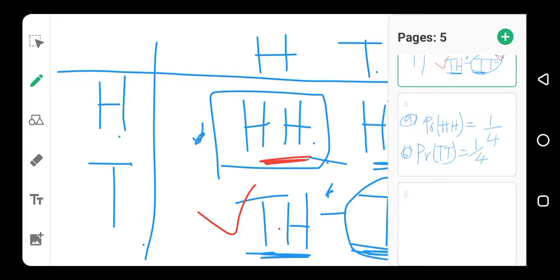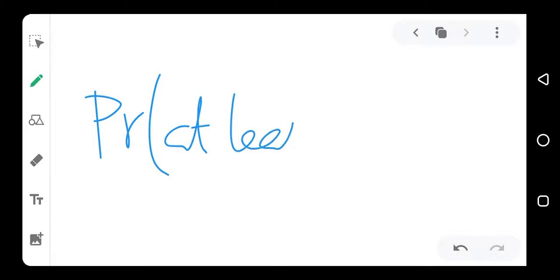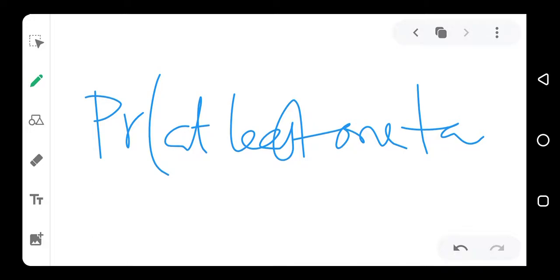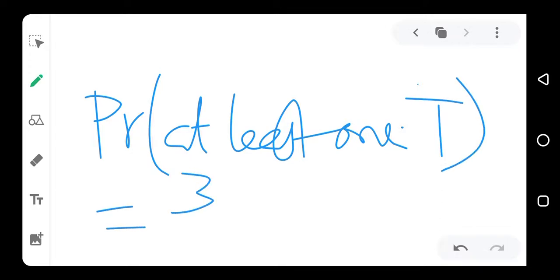So we have that the probability of at least one tail is equal to 3 over 4. This is the answer. So we have solved question number 1.